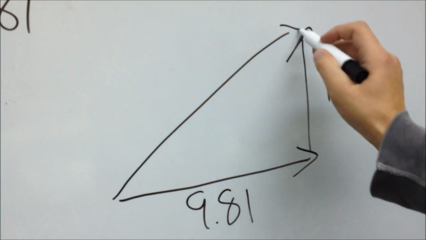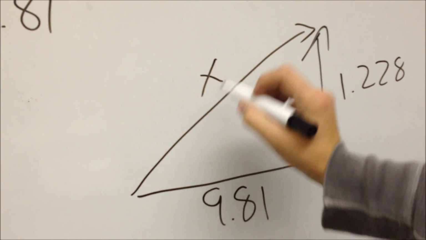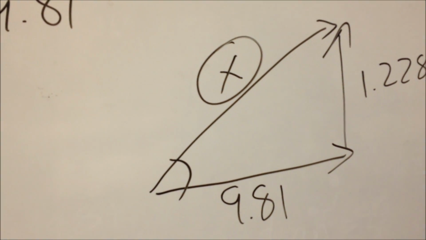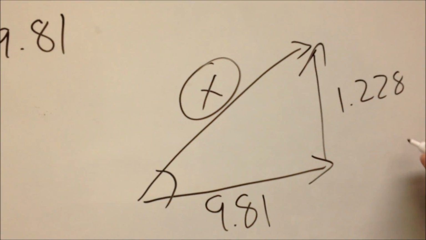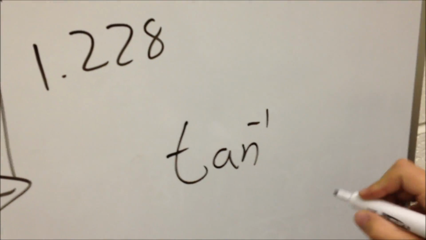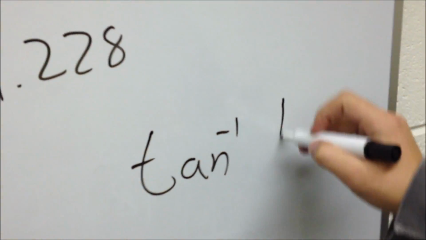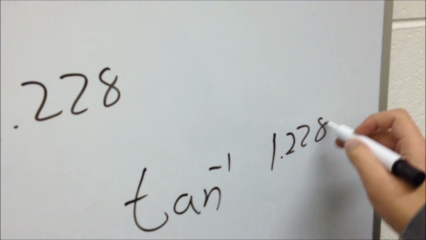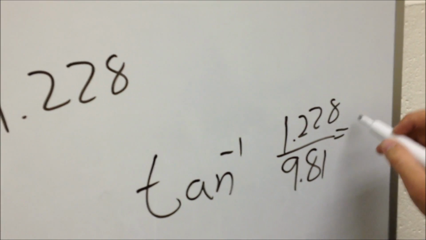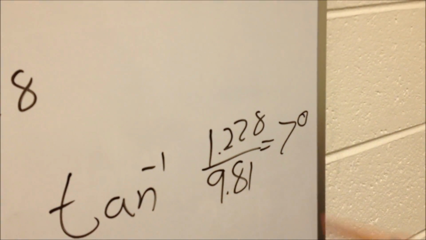Now we are after two goals: to find our hypotenuse and to find our angle. So if we do the inverse tangent of 1.228 divided by 9.81, we find our angle to be 7 degrees.